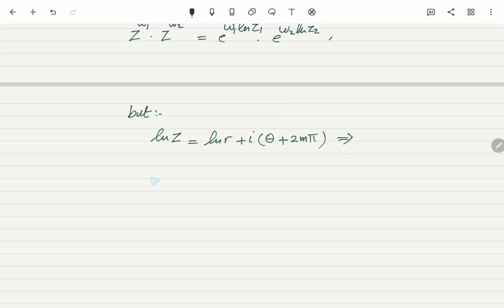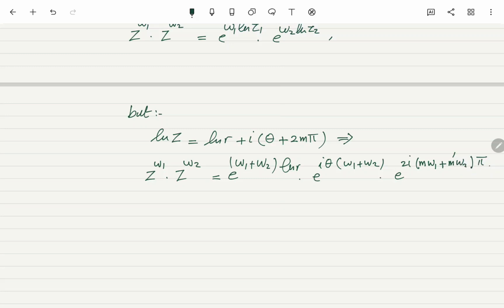Therefore, z to the power omega 1 times z to the power omega 2 will be equal to e to the omega 1 plus omega 2 ln r times e to the i theta omega 1 plus omega 2 times e to the 2i m omega 1 plus m prime omega 2 pi.